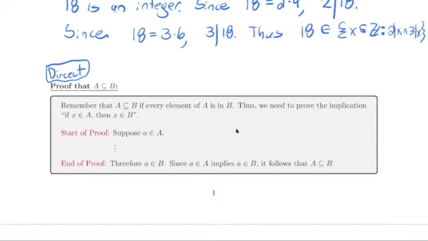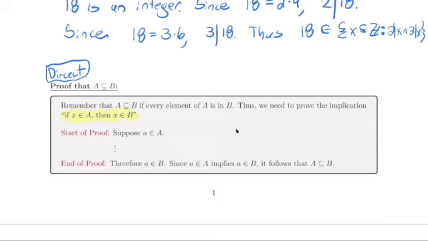This is really an implication. The statement that we're trying to prove is, if X is an element of the first set, then it has to be an element of the second set. That is, by definition, what it means that A is a subset of B.